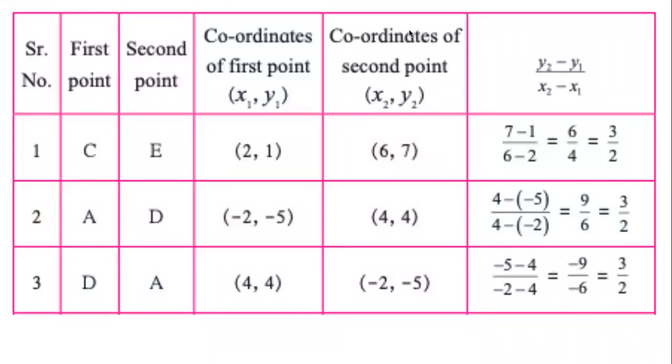When we calculate this ratio, we get 3/2. We are getting the same thing for A and D also, and for D and A also. That means even if we change the direction, even if we change the order of the points, the ratio remains the same. Quickly look at these calculations and confirm if they are correct. If you think the calculations are wrong, tell me, we will correct them.